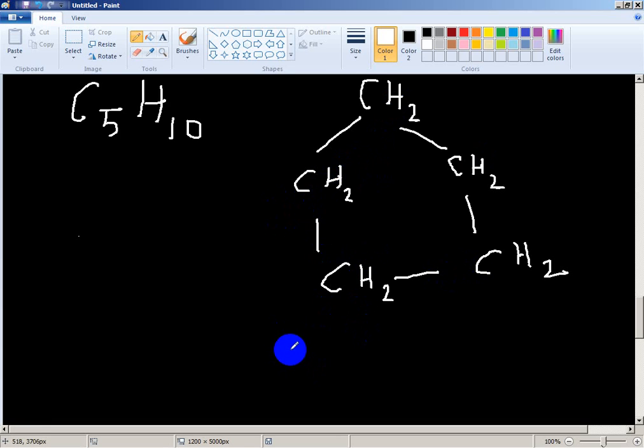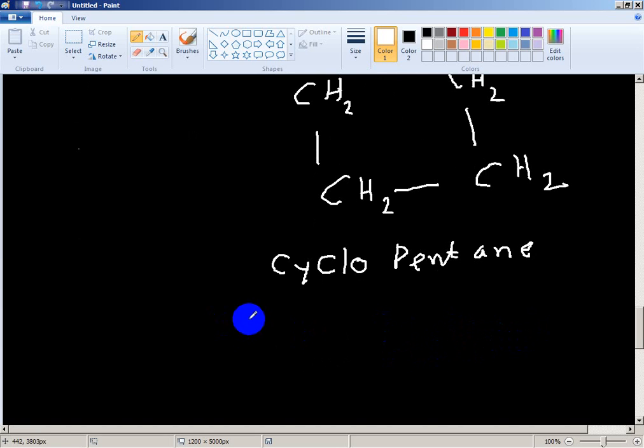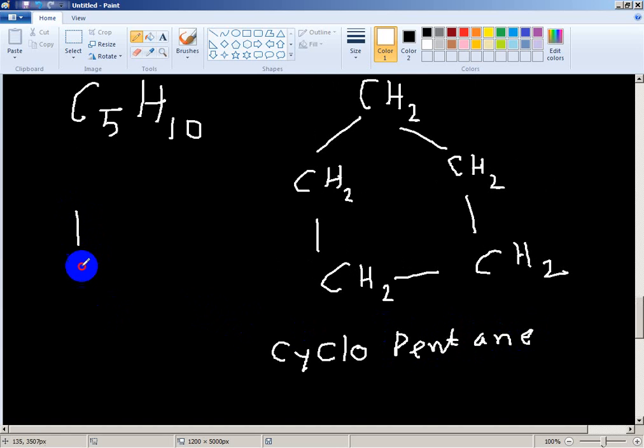This is pentane, so cyclopentane. Then our systematic name is cyclopentane. This can be written this way. Pentagonal shape.